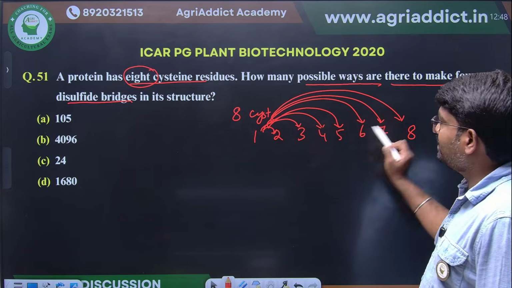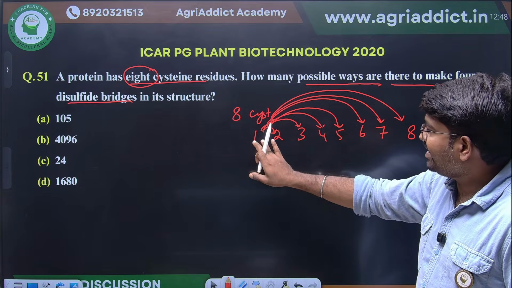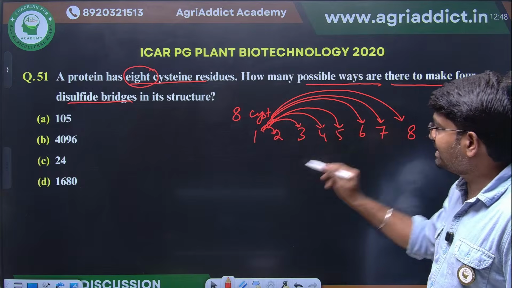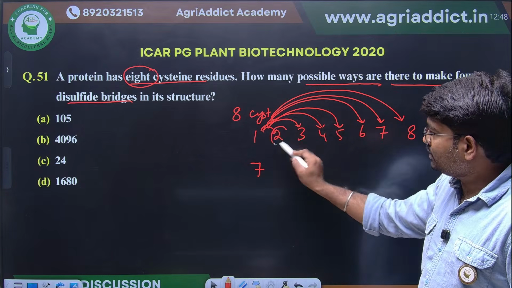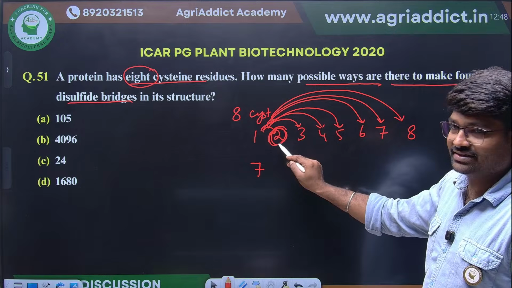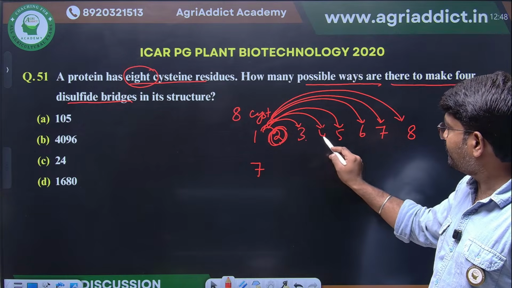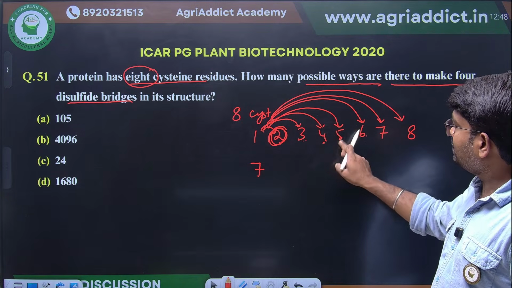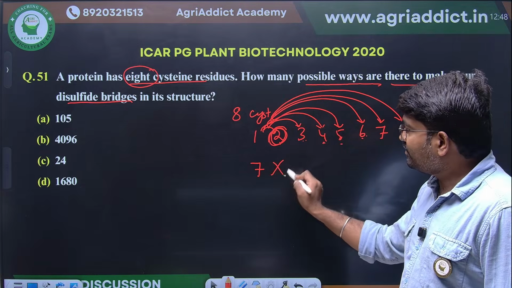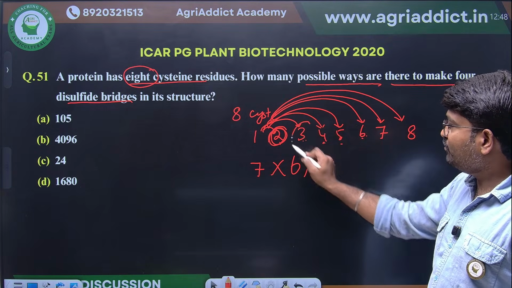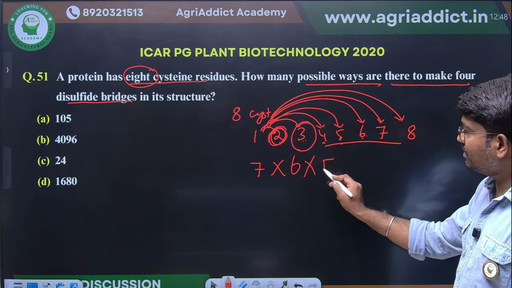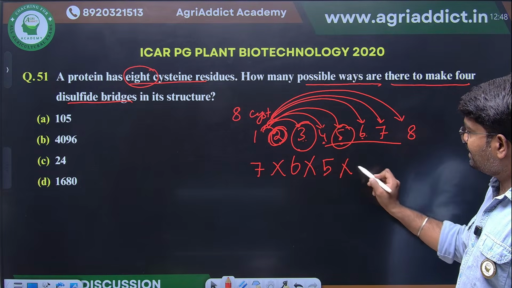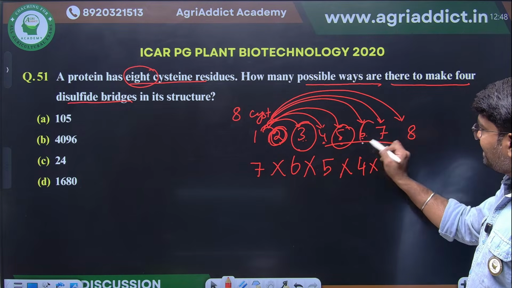Seven different possibilities will be there. This one can bind with 2, 3, 4, 5, 6, 7. If you see the second cysteine residue, it has 6 different possibilities. The third cysteine residue will have 5 different possibilities, the next will have 4, and this will have 3.